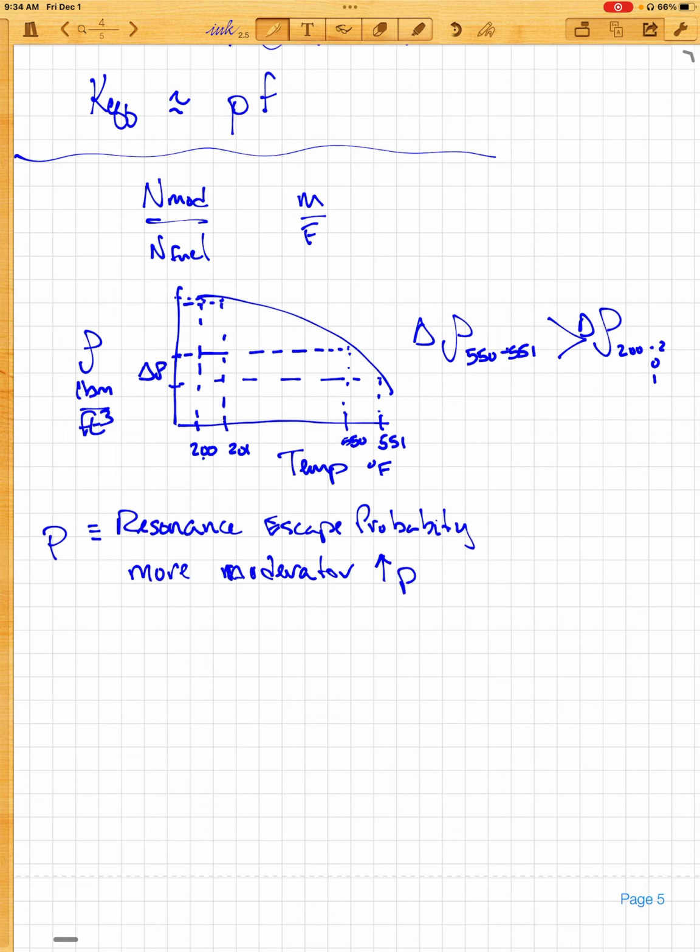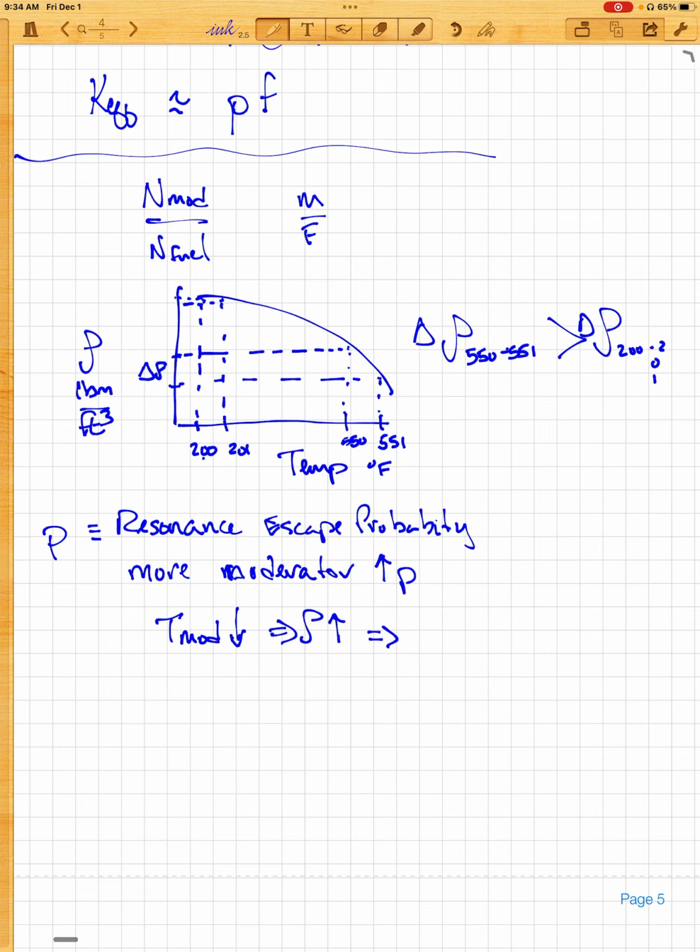All right. Now, as temperature of the moderator goes down, therefore density goes up. Therefore, what happens?